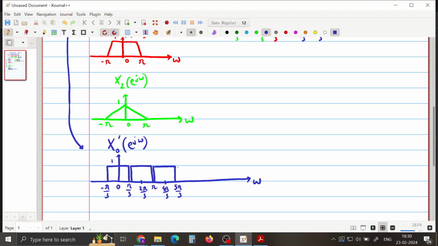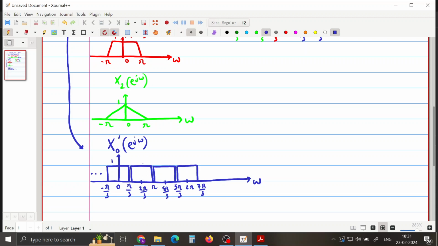Okay, and finally the first copy, which is our original copy, centered at 0, will now repeat at 2 pi after 2 pi, right? So this is centered at 2 pi, and this is 7 pi by 3. And of course it continues on the negative side as well.